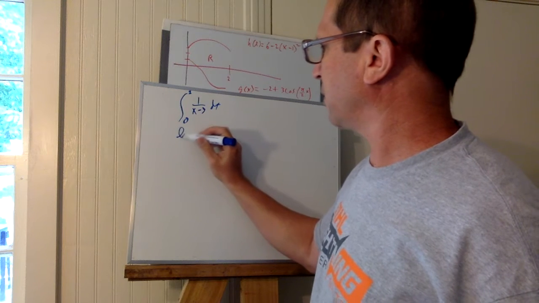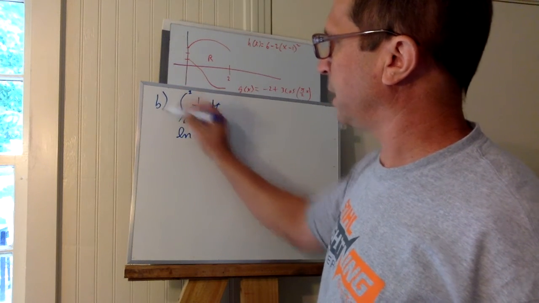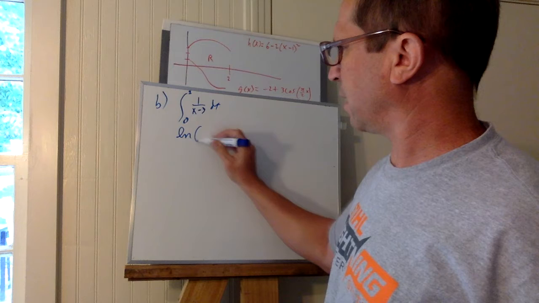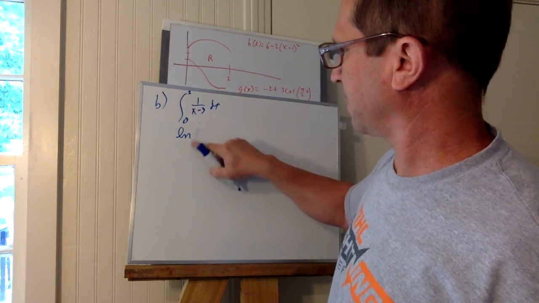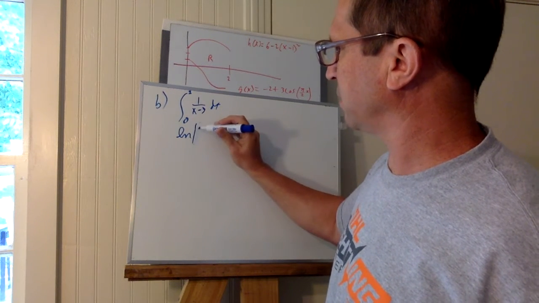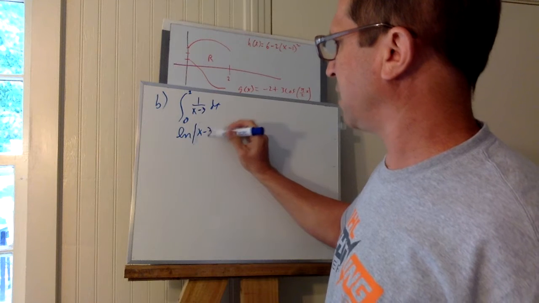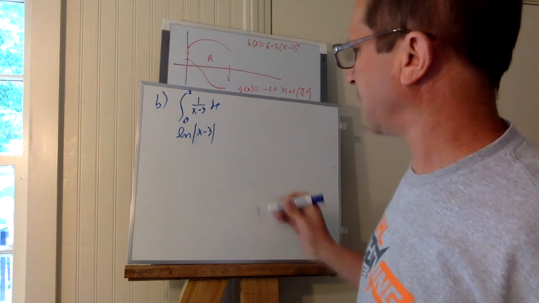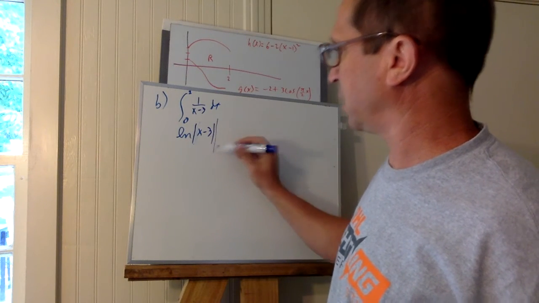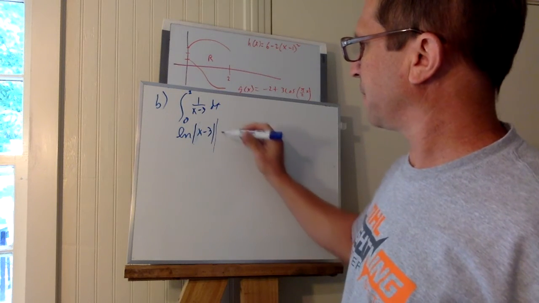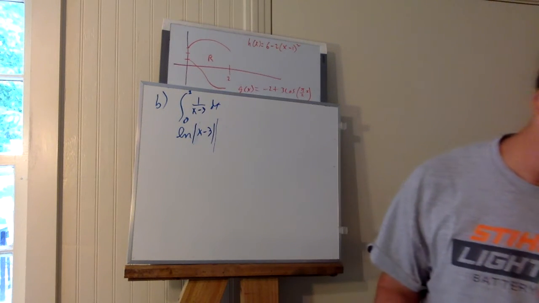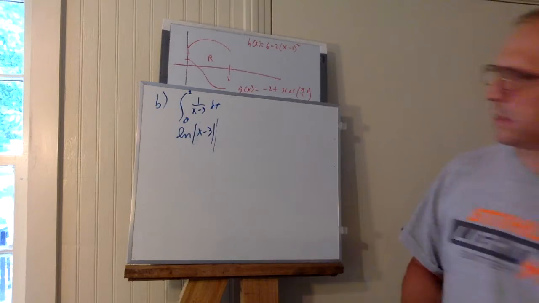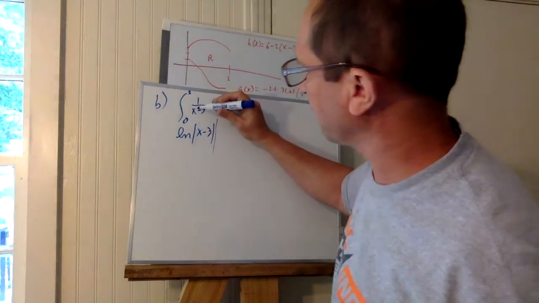So the antiderivative here, in this part B, is the natural log of, and I'm going to put it in the absolute value. If this was an indefinite integral, you would definitely need the absolute value there. It's not necessary here because both of these, and I've got this wrong, this should be x plus 3 and not x minus 3.